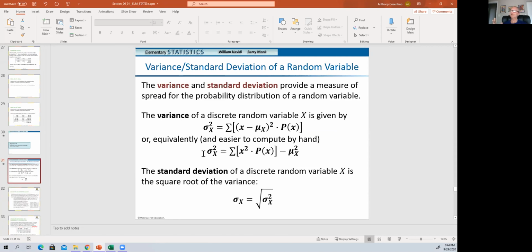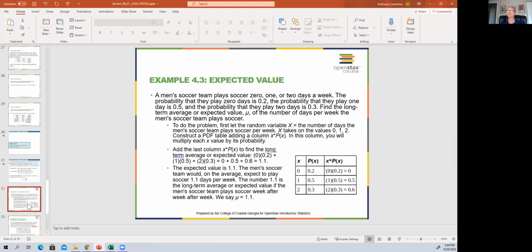But you can see it's the same idea of this process: once you have the mean, you subtract those 2 and you square it, and then you multiply it by the probability distribution function. And so what I'd like to do is walk through a complete problem.